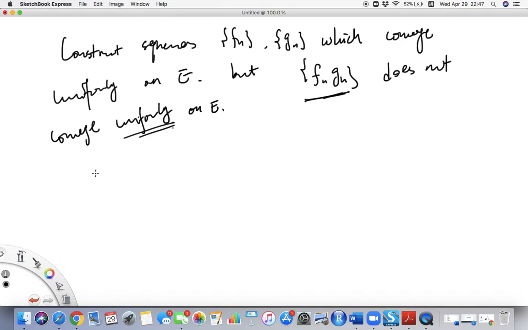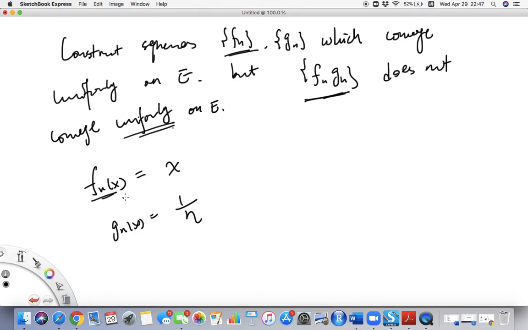So here's a simple example. We take the sequence fn to be the identity function, so it's always equal to x. This is a sequence of functions, but each function is the identity function. And gn of x, we can take it to be the constant function, say 1 over n.